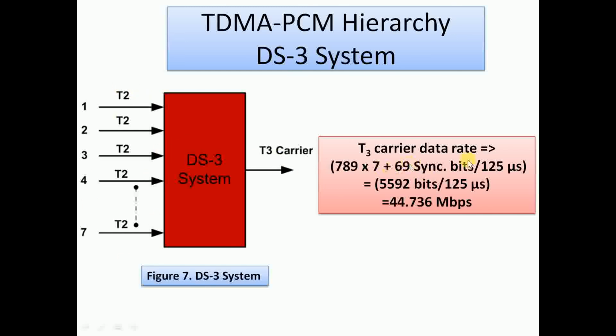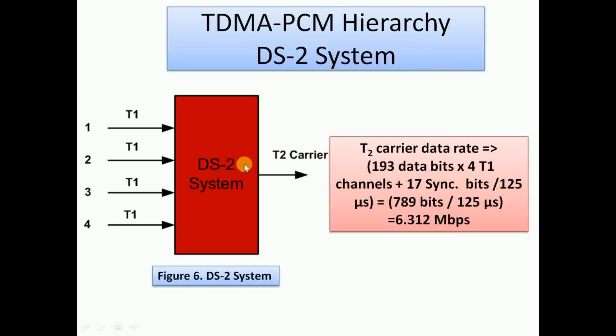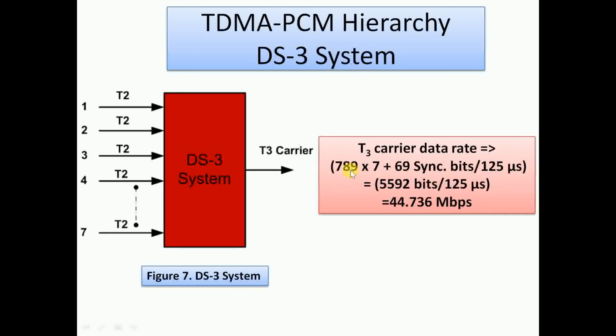We have this calculation for the T3 carrier data rate. In the T2 carrier we have 789 bits. So from each channel we have transmission of 789 bits, and we have such 7 channels, so into 7, plus 69 extra synchronization bits are added. The total count is 5592 bits.